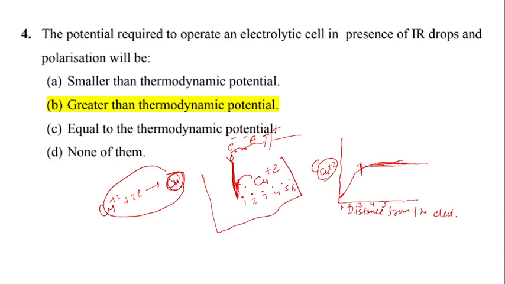Initially, when copper 2+ ion is converting completely into copper, the copper 2+ ion concentration here is negligible. So what is the polarization effect? Due to the concentration difference, another copper ion from here needs to move to here.